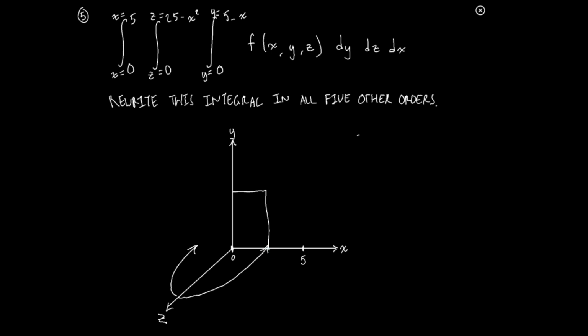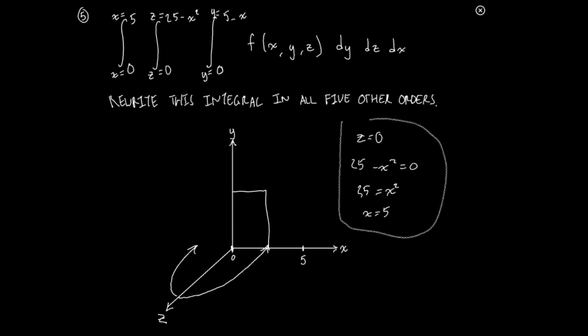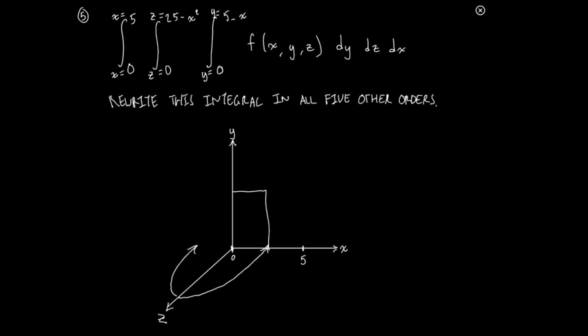Then we have 25 equals x squared, so x equals 5. Great. Okay, so this intersects at x equals 5.